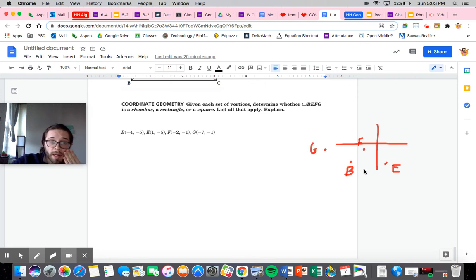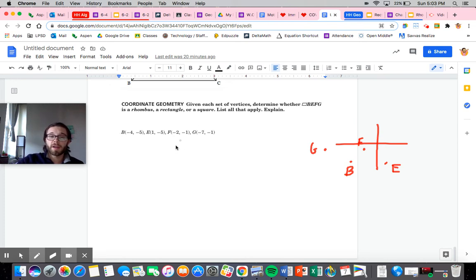Okay, well, what can we do here? Let's look. So, first things first, I should show that this is a parallelogram. Well, it tells us it's a parallelogram. That's great.